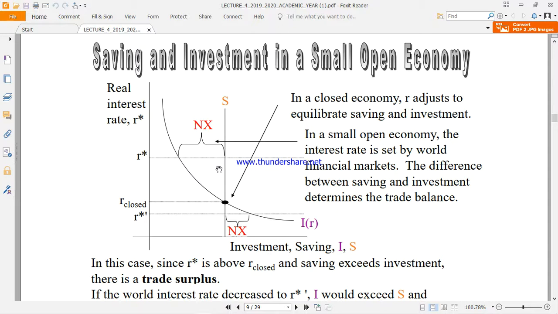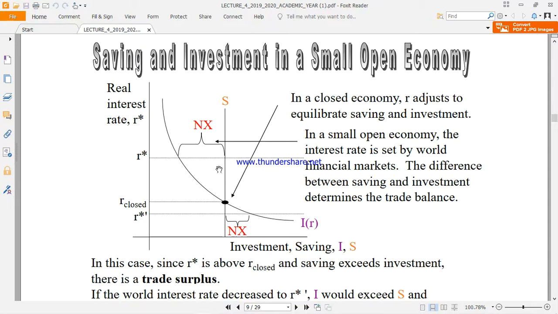I don't think this is a problem because we discussed this last time. So in a closed economy, it is the domestic real rate of interest that adjusts to equilibrate savings and investment.